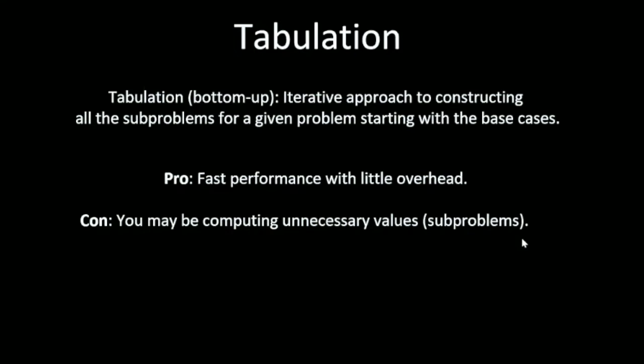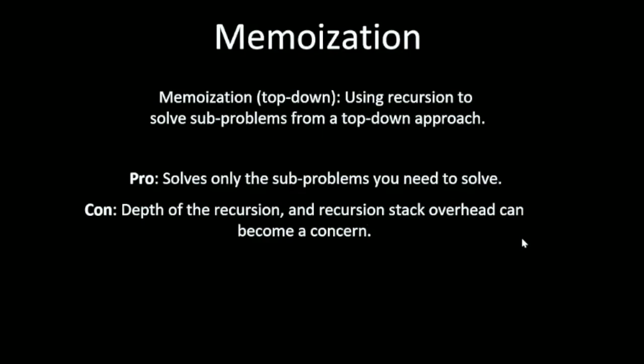Oh, sorry. I was talking about memoization. I didn't see the slide. I was talking about memoization, where you use a top-down approach, and you use a recursive function here. The depth of the recursion and recursion stack overhead can become a concern. I have also seen these problems when I use a recursive function on even HackerRank or any other coding platform.